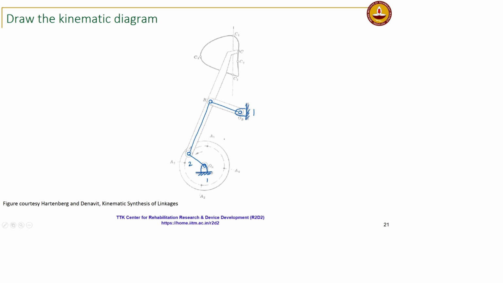So, 1, 2, 3, 4, I have 4 links, and typically if you have a point of interest, for instance, this mechanism is used to advance a film strip. So, it is a 4 bar linkage, but really the point of interest is this point C, because you are interested in the path that it follows.